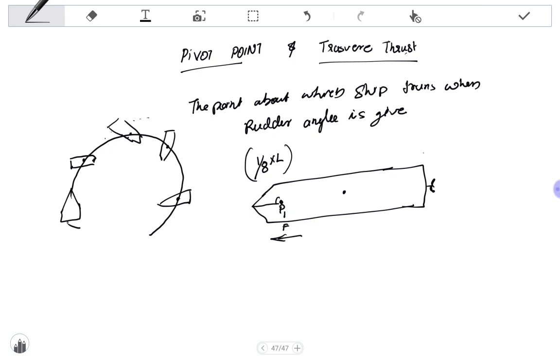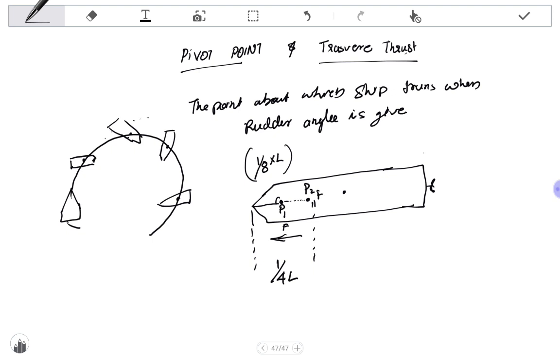Okay, then slowly the speed picks up and the speed will be steadied. During that time this pivot point will shift a little bit aft. That distance will be around 1/4 the length of the ship from the forward.